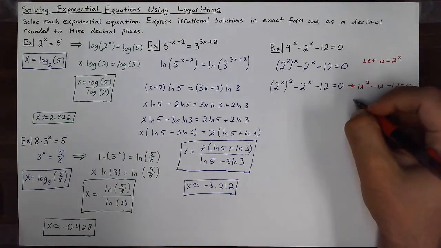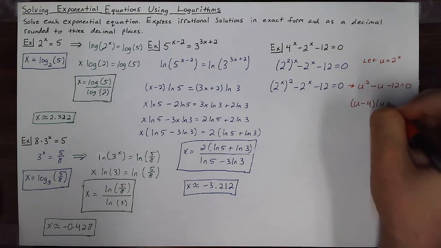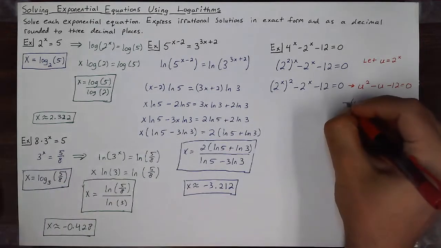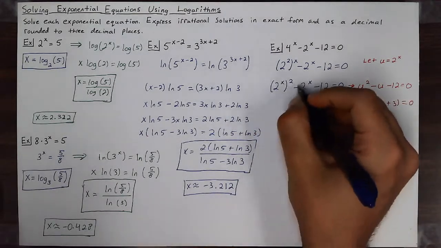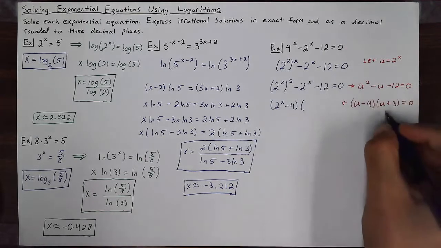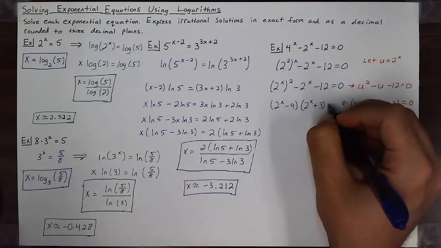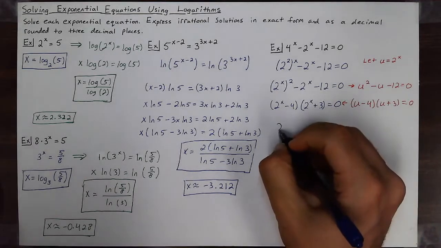And it'll be u minus 4 times u plus 3 equals 0, which really means for me, on the left, this can be factored into 2 to the x minus 4 times 2 to the x plus 3 is equal to 0. So I can actually factor these exponential equations if they're quadratic in form. And then I can say each factor equal to 0.